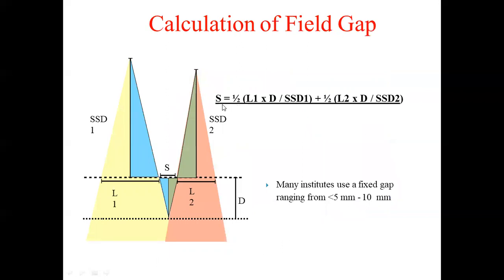The formula is S equals half into L1 into D by SSD1 plus half into L2 into D by SSD2. By using this formula, we get the separation. You have to maintain this every day so that there will not be any overlapping of the two spinal fields.